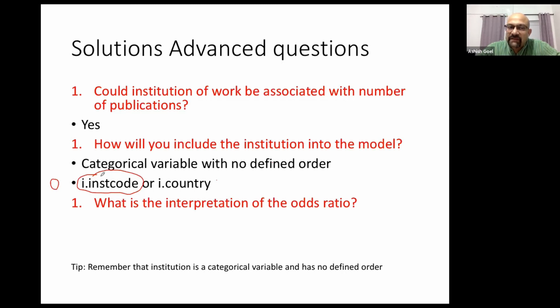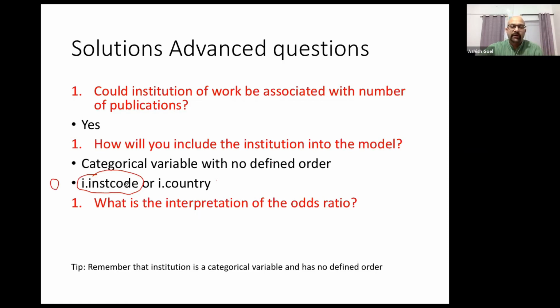So this is applicable to any categorical variable where you have no specific order or defined increment of 1, 2, 3, 4. This is a possible command that you could use in Stata while running your analysis.